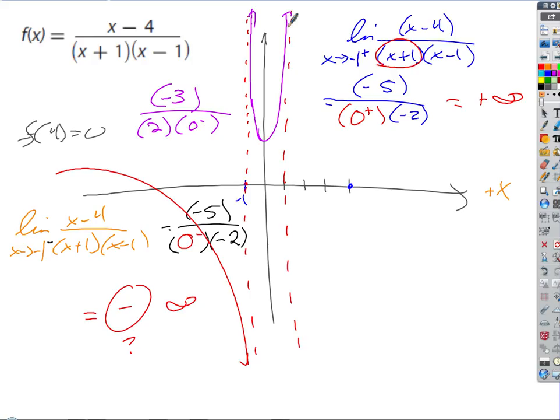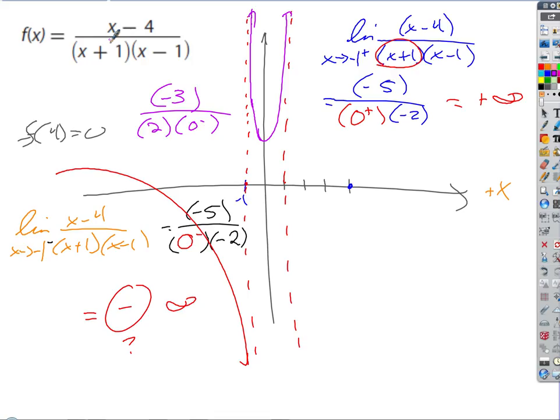Okay, and then the last one, if we're going to approach x equals +1 from the right side, that's like 1.0001 kind of a thing, right? What's that going to give us? So on top, Jesse, what's that going to look like? If x is approaching a value of 1, what's the top going to be?